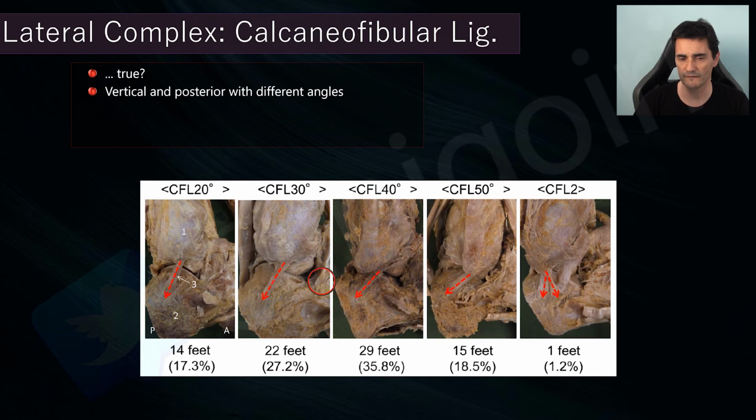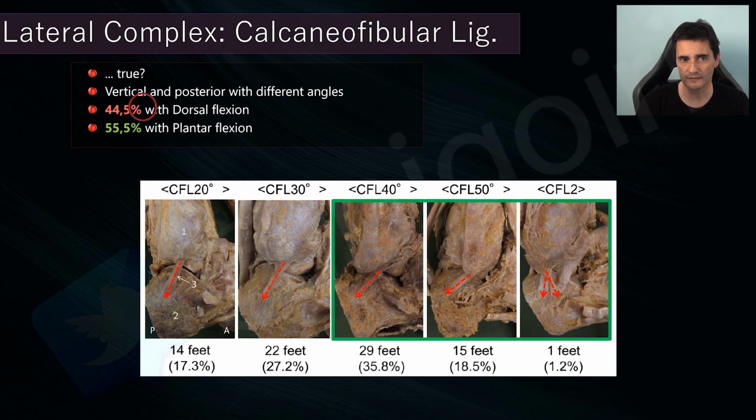There are many variants of the direction of this ligament, and they went even further, because they tell us that only in 44% does the ligament get tense with dorsal flexion, and 55% with plantar flexion.